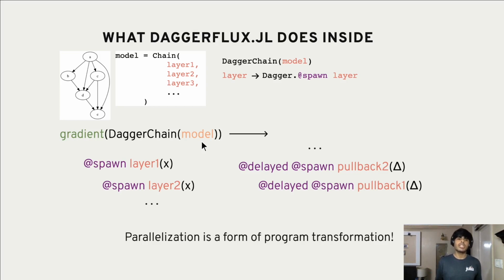Even though we're not using a compiler directly, because the Dagger scheduler has to work during the runtime, it nevertheless means that parallelization effectively can be thought of as another program transformation problem. Making that observation means that we are able to take in not just Flux models, but any arbitrary chain-like models and separate them into their core components and parallelize them over multiple GPUs, processors, what have you.